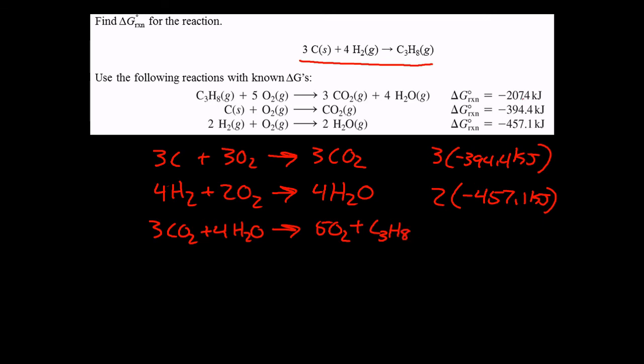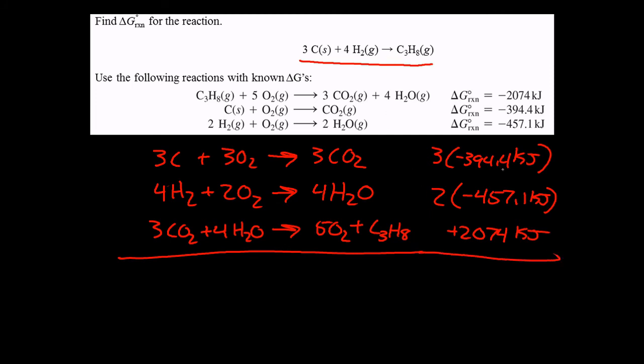And then I'm going to flip the sign on delta G. I'm not going to take the reciprocal or anything like that. I'm not multiplying by anything because I didn't multiply this by anything. I just flipped it. And so it's going to be positive 2074 instead of negative.